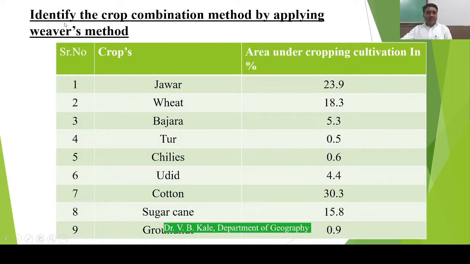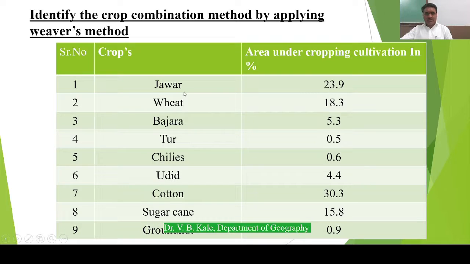This is the example for our understanding. Identify the crop combination method by applying Weaver's method. These are the crops which are grown in the field, and this is the area under crop cultivation in percentage. As we know that the percentage of cultivation is varied according to the size of the farm, according to the physiography, according to the interest of the farmer, according to the season, and many more.